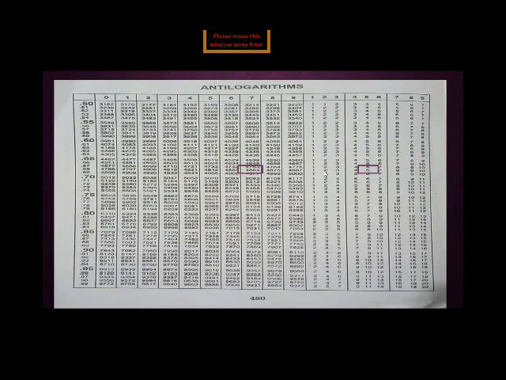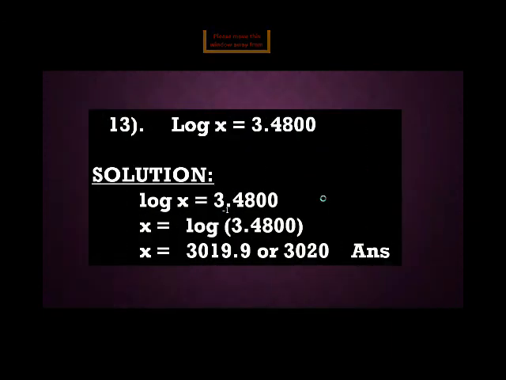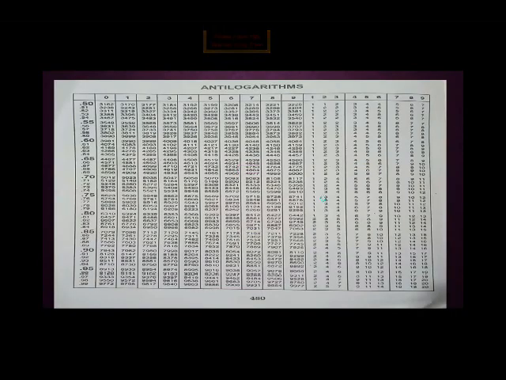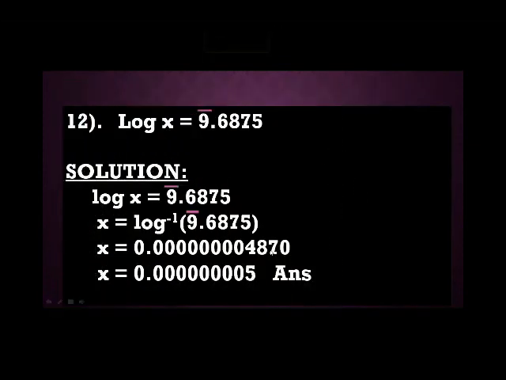So add these two and you will get 4870. Then how will you place its point? Since 9 minus 1 is 8, you will put 8 zeros and then the decimal. The rounded off form of 4870 is 5. This is the answer.